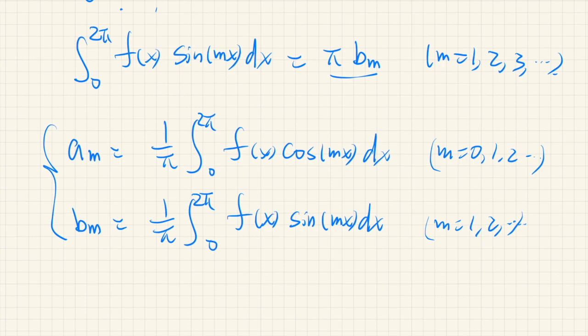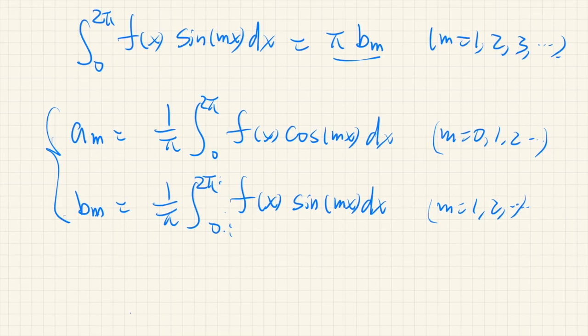These coefficients, am and bm, are called Fourier coefficients. By the way, this interval of integration can be from negative pi to pi. It doesn't matter as long as the period is 2 pi.